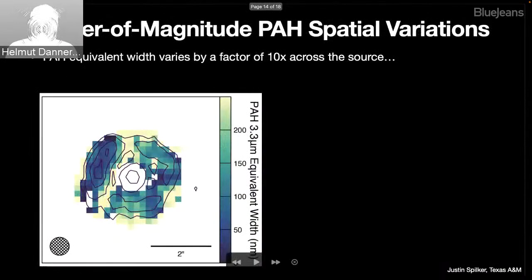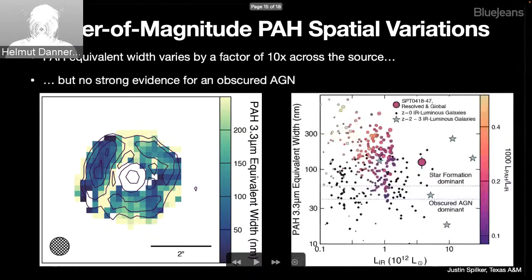And so one of the results of this is that the equivalent width of the PAH feature is strongly variable across the source. This has previously been suggested as a way that one might detect and characterize obscured AGN activity. Even in this resolved map, we don't find even individual pixels that fall below those threshold values for an obscured AGN.